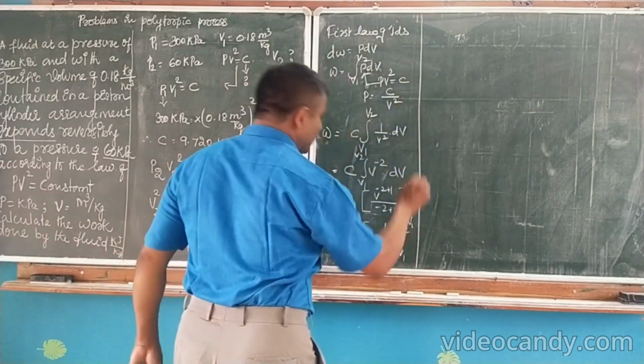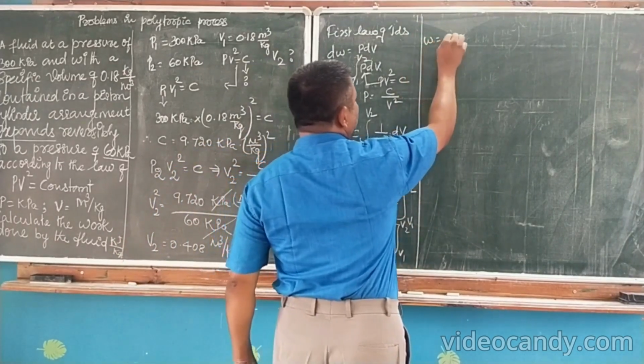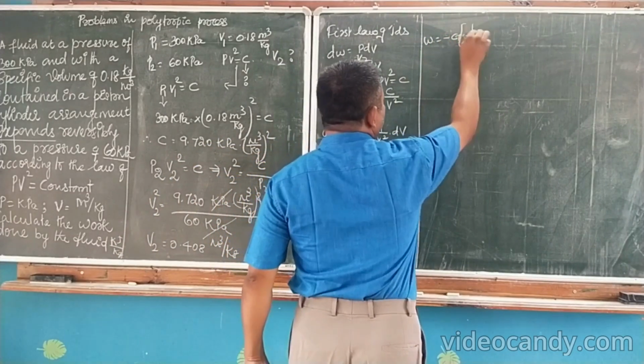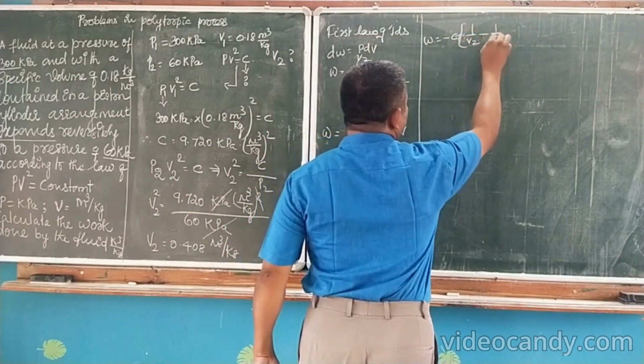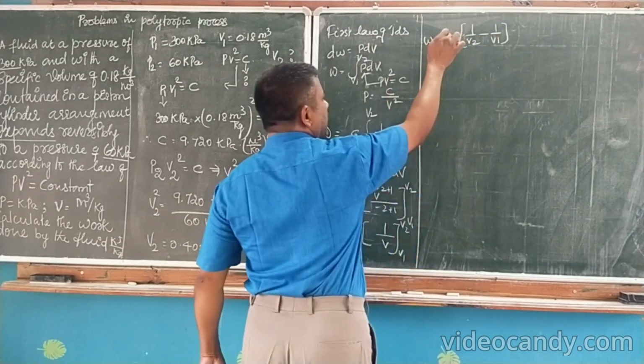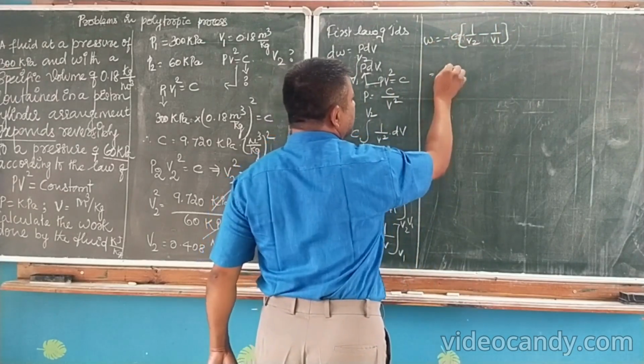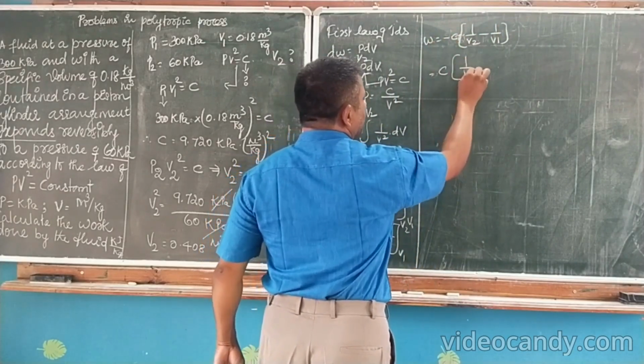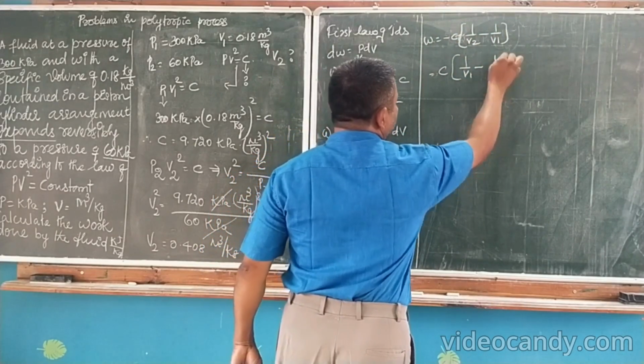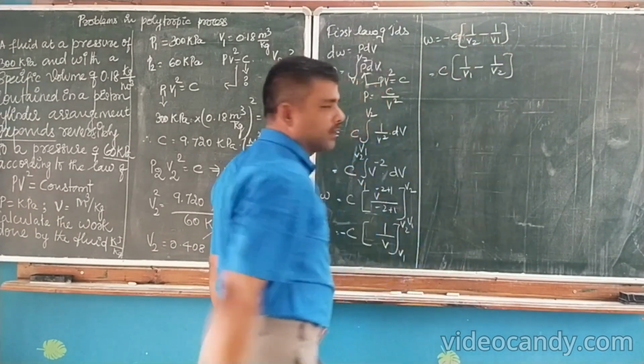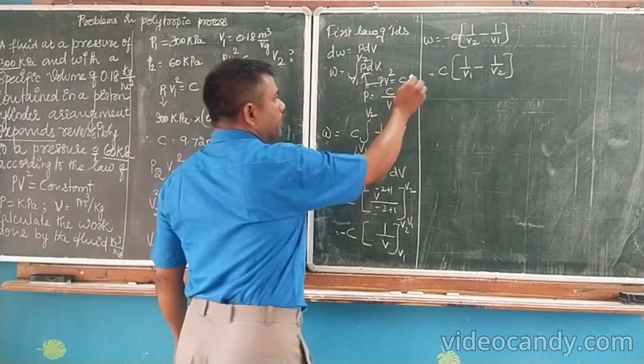Okay. So W is equal to minus C times 1 by V2 minus 1 by V1. To avoid this minus value, I can write C into 1 by V1 minus 1 by V2. The minus sign gets exchanged. This is the amount of work done by the fluid W.